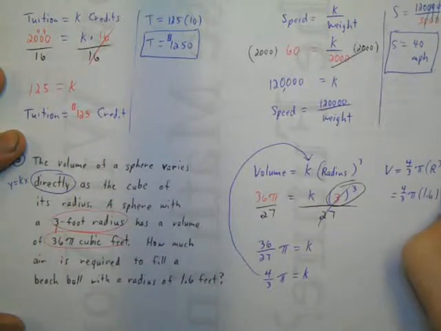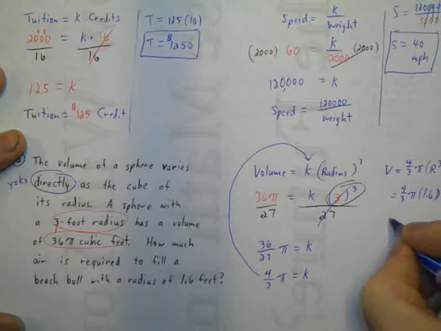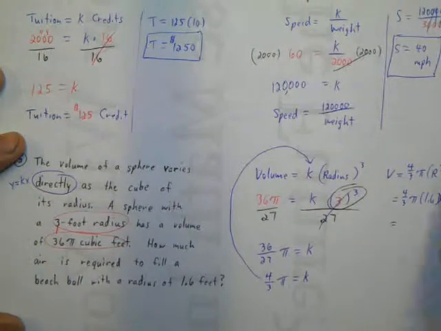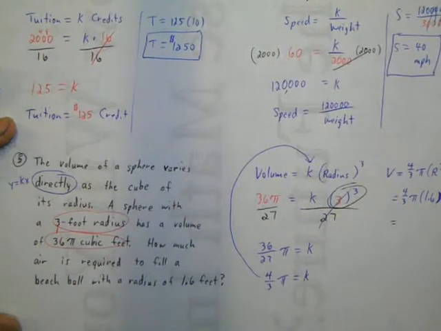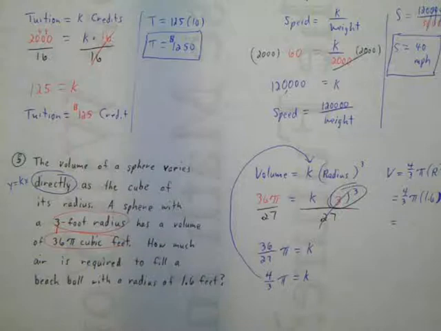Then we just need to get our calculator and plug all those in. So 4 divided by 3 times pi, let's just use 3.14, times 1.6 to the power of 3.